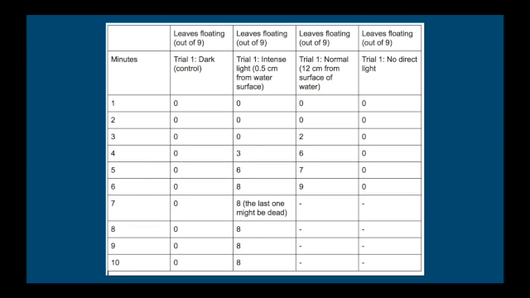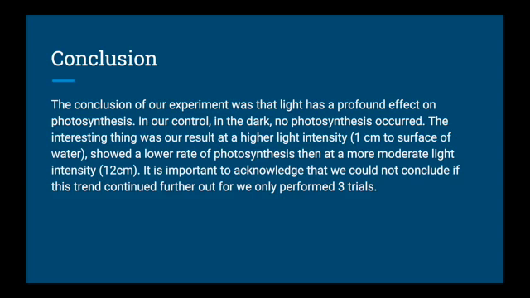And then with the intense light, which we predicted would be the fastest, but it wasn't, at 7 minutes and until 10 minutes, the last leaf stopped floating, so we presumed that one might be dead.